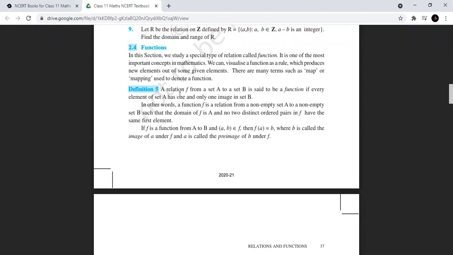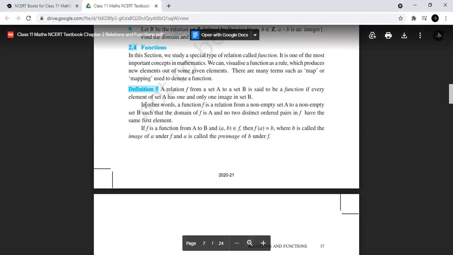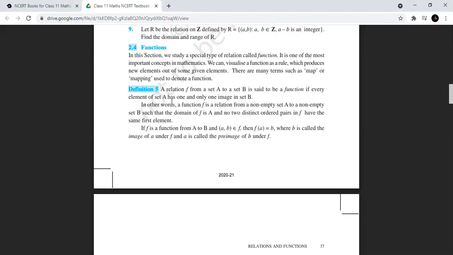As we are saying, a function is actually a relation only, and every relation is a subset of A cross B. So a relation f from a set A to B is said to be a function if every element of set A has one and only one image in set B. That is what is peculiar about a function among relations. That particular relation which has one and only one image is termed as a function.